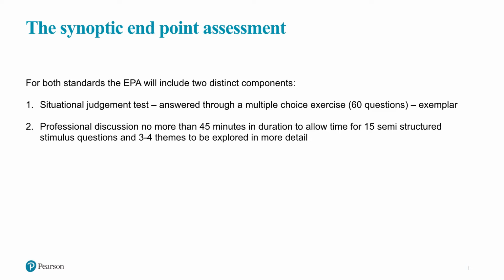So for both of the standards, we've got two distinct components. We've got a situational judgment test, which is answered through a multiple choice exercise of 60 questions. And again, if you looked in the assessment plan, it would clearly define that the situational judgment test presents candidates with a range of real life scenarios.